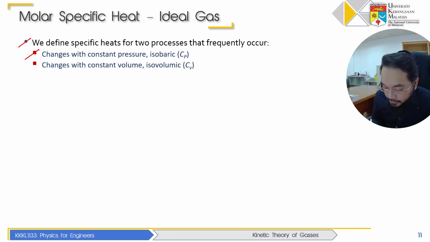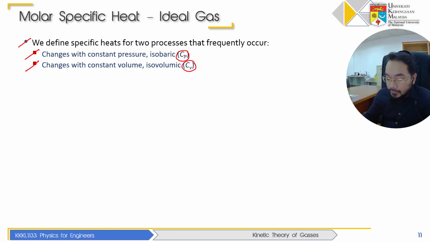The first is changes with constant pressure and the second is changes with constant volume. Here we have Cp and Cv. Cp is basically the specific heat for a constant pressure process, and Cv is the specific heat for a constant volume process.